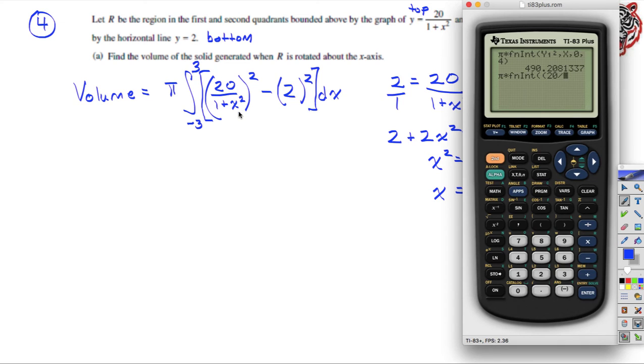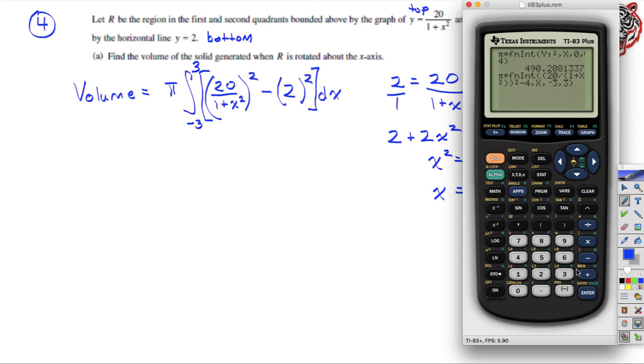I'm setting up parentheses around 1 plus x squared. So it's parentheses 1 plus x squared, 1 plus x squared. I'm ending the parentheses for the denominator. And now I'm going to end the parentheses for the entire function. So it's double end parentheses, and this is going to be squared. So what I've just done now is this function squared minus 4. And I'm going to do comma with respect to x, comma from -3, comma to 3, and I hit enter.